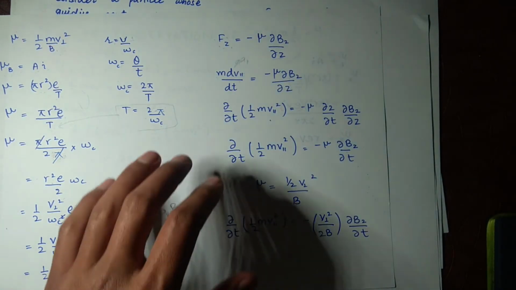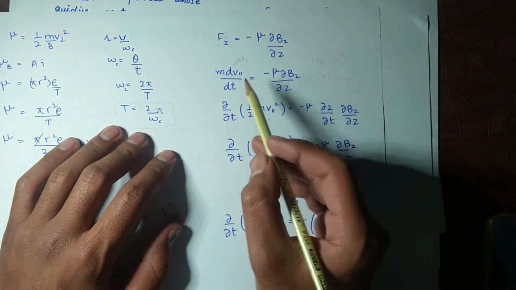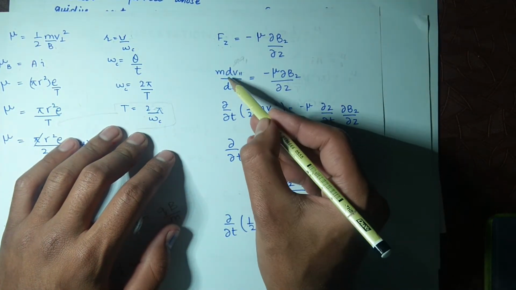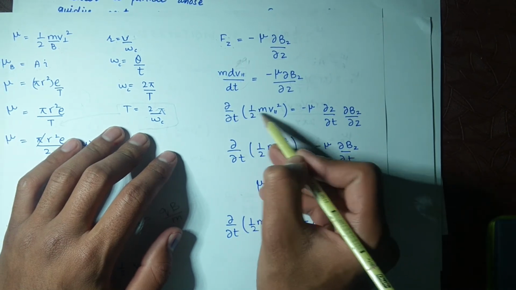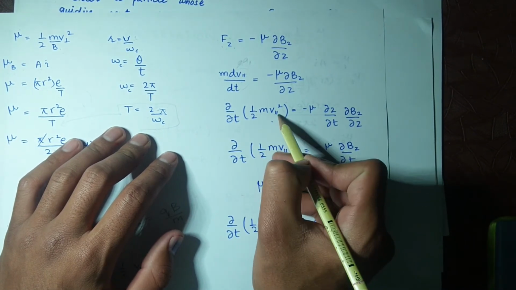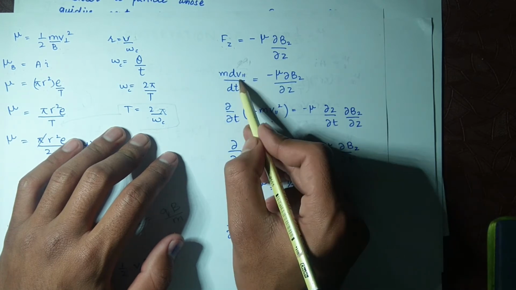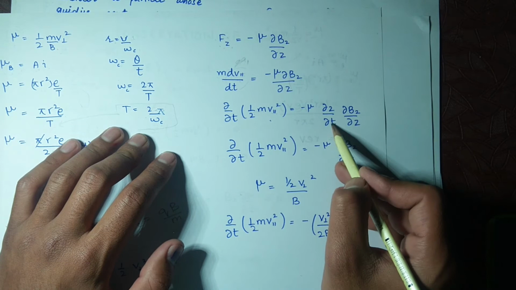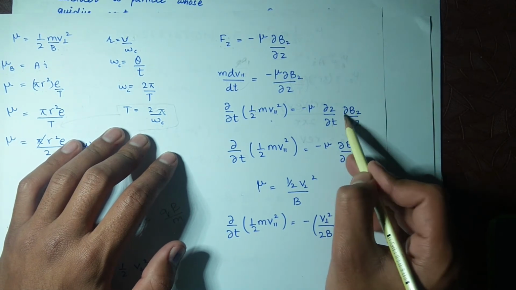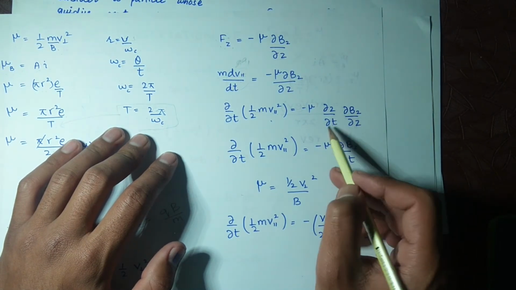The next step is that we are going to write this equation like this. If you take a time derivative of this equation, it will be the same equation like this. And here we have partial z by partial t, partial b of z by partial z, mu, like this.